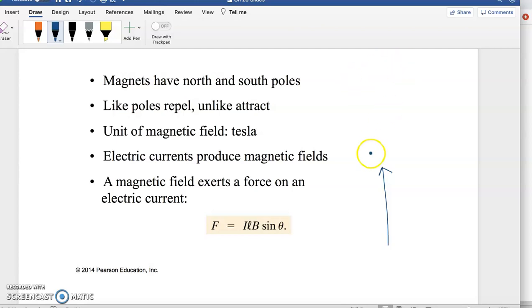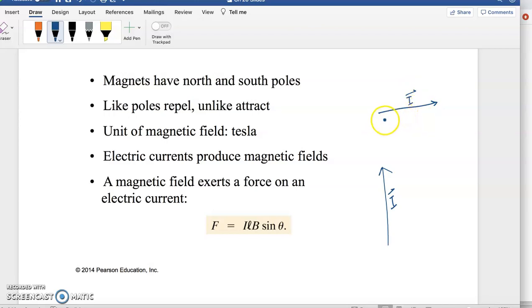All right, this is the wire and there is a current going through that wire, then there will be a magnetic field around that wire.